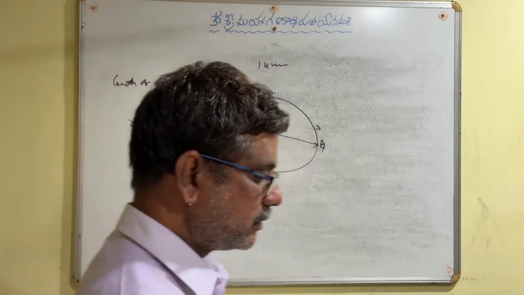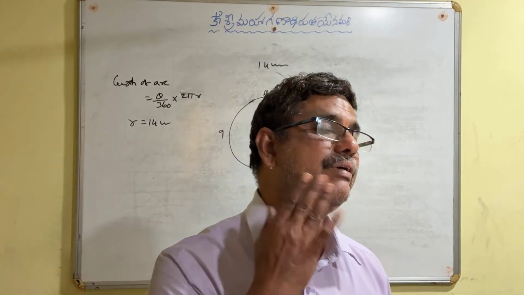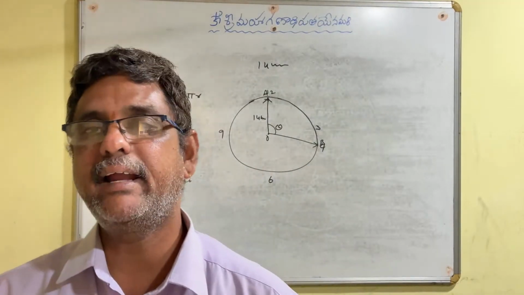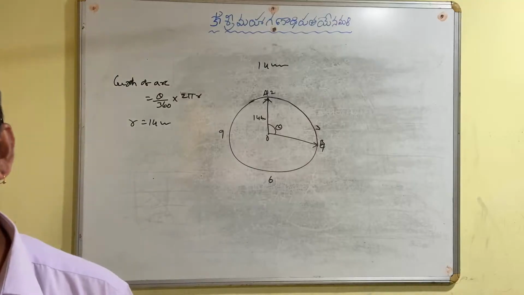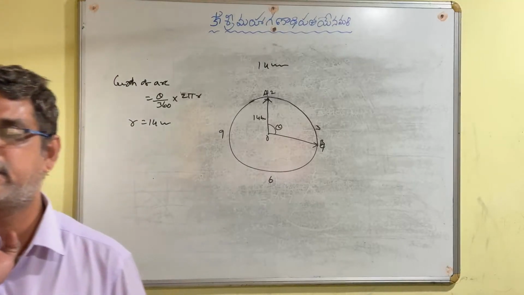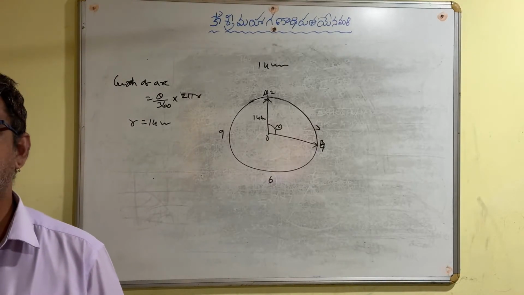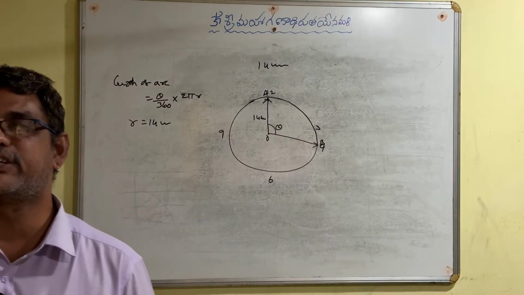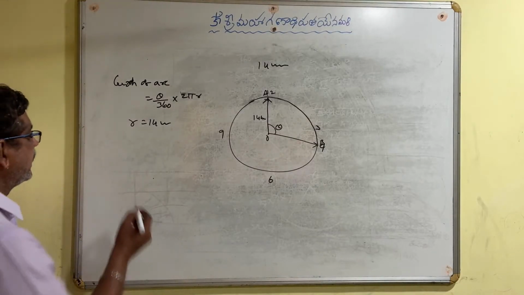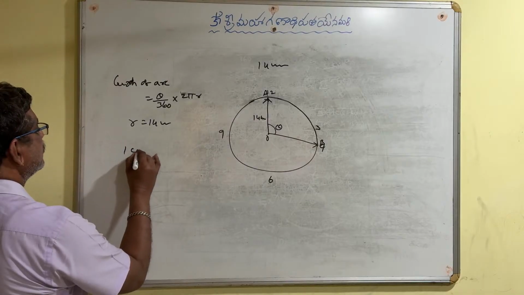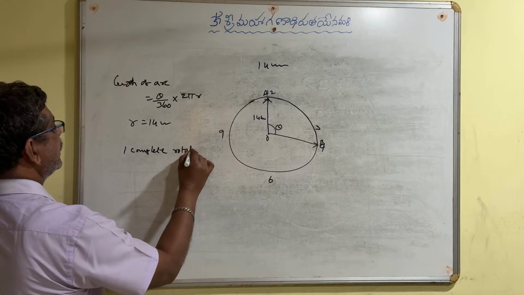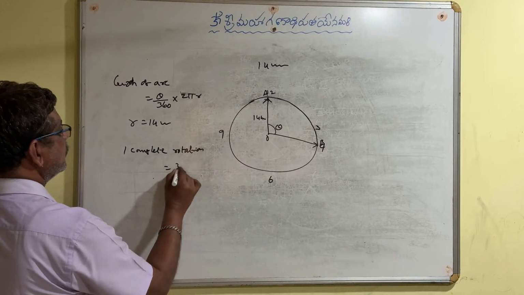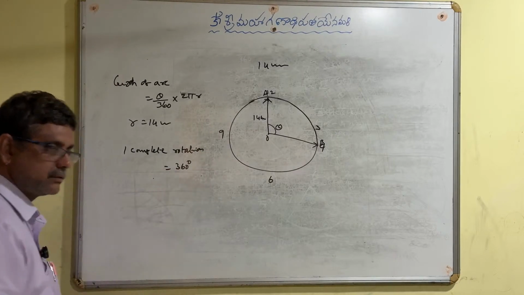If the minute's hand completes one rotation, which is equal to 360 degrees. One complete rotation is equal to 360 degrees.